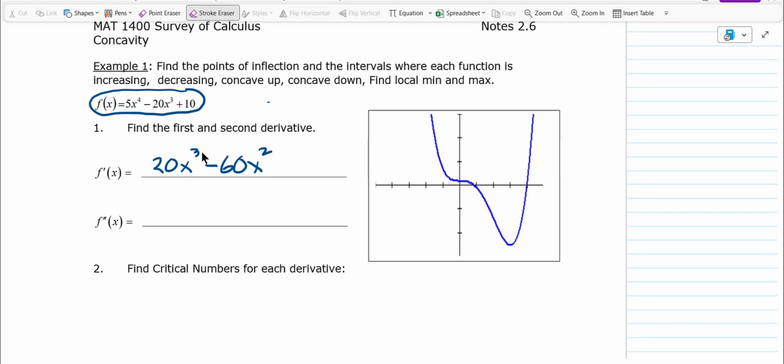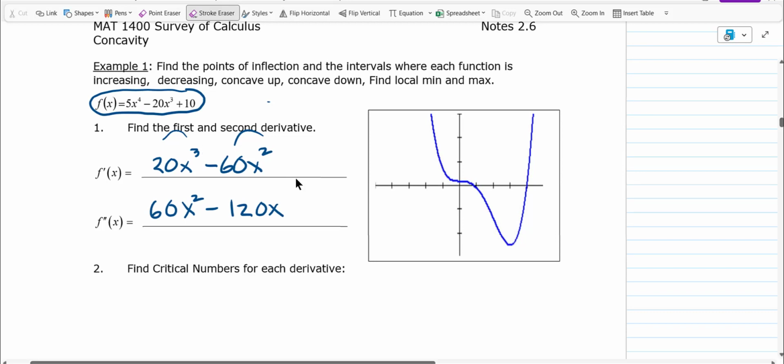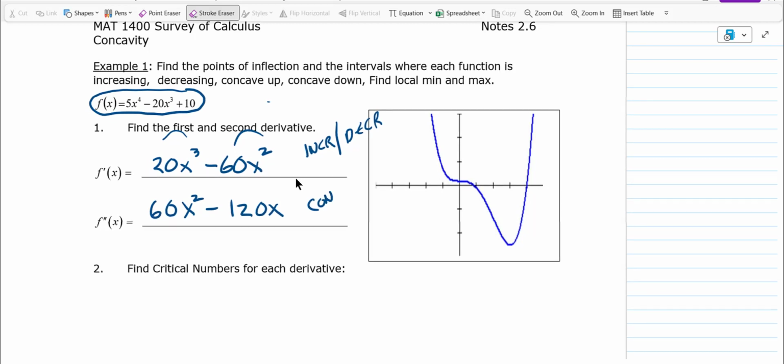So what's the second derivative? 60x squared minus 120x. Second derivative just means do a derivative again. The first derivative is how we look at where the function increases and decreases, and the second derivative is looking at the concavity.